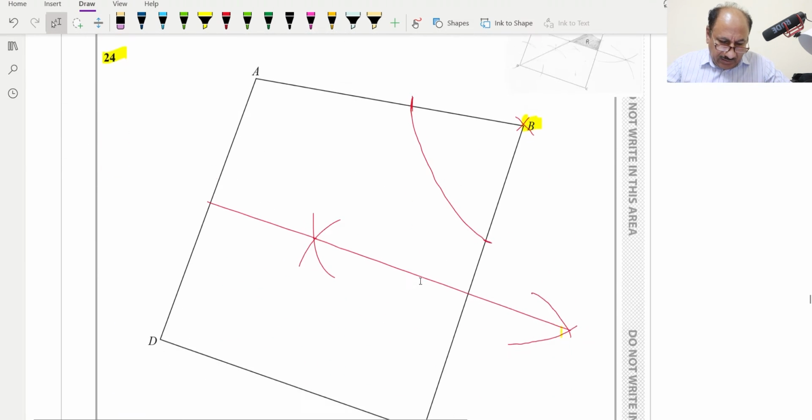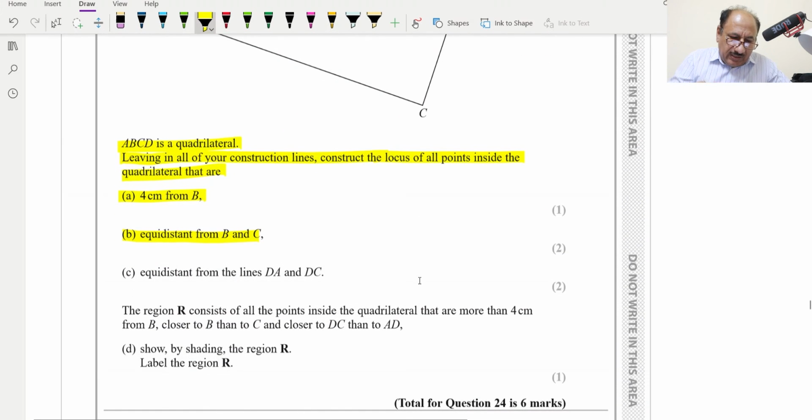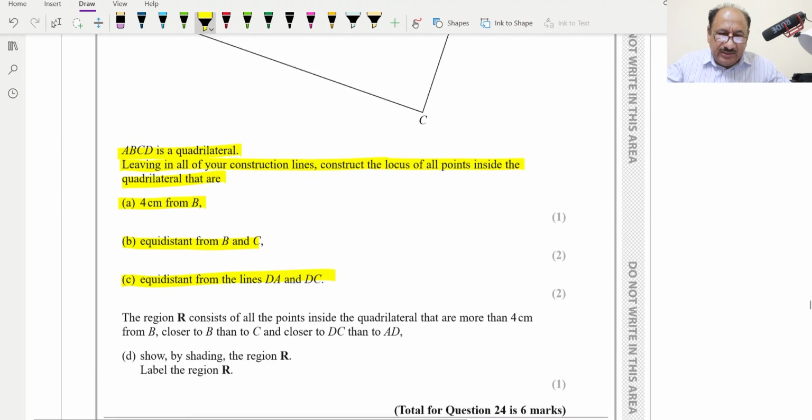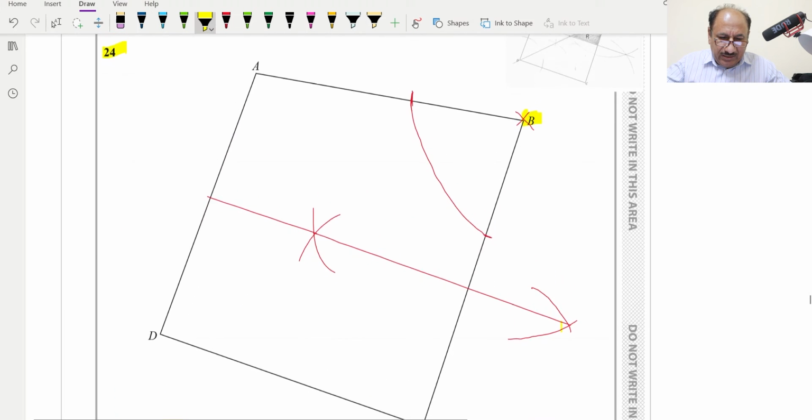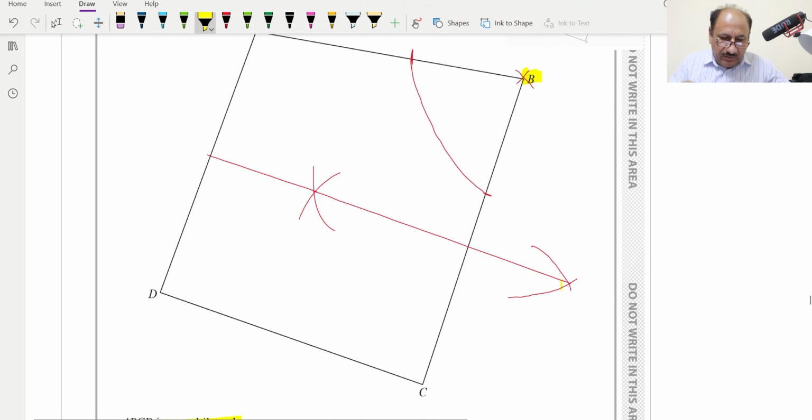Then they are saying the next condition is equidistant from the lines DA and DC. So for DA and DC we will be drawing the angle bisector. To draw the angle bisector, again we will be drawing arcs, like for example this one and this one, and from here we will be drawing the angle bisector.